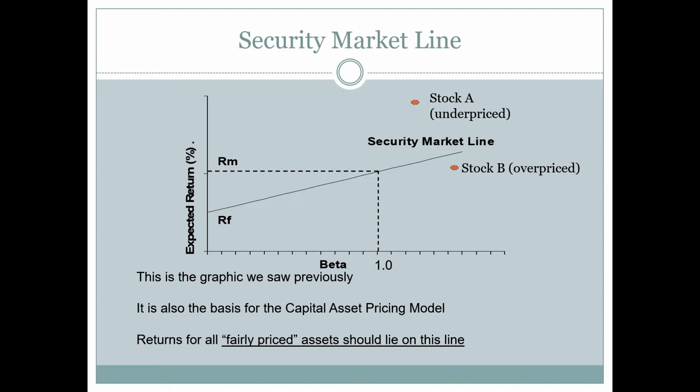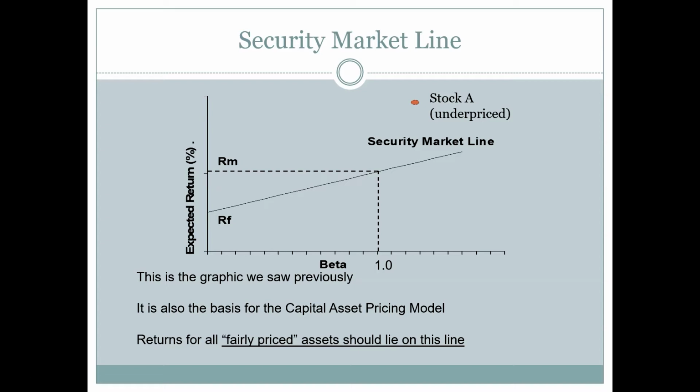And so what we would see here is that every stock in the market, every asset, has to have the same relationship with risk and return as the security market line does, right? So this line must be true, and because it must be true, every other asset must have the same relationship with risk and return.